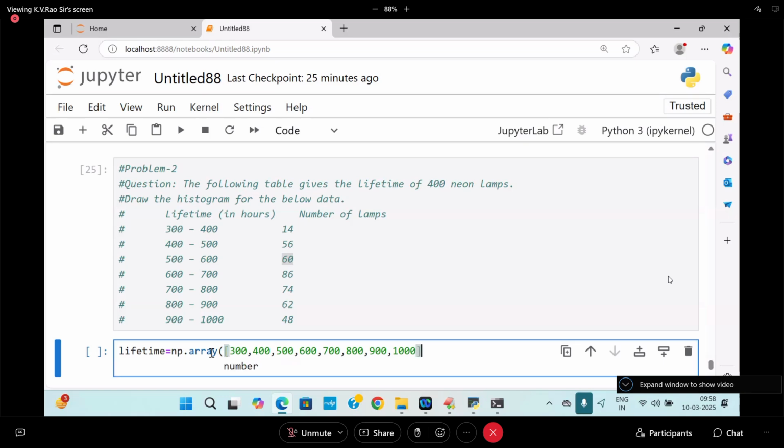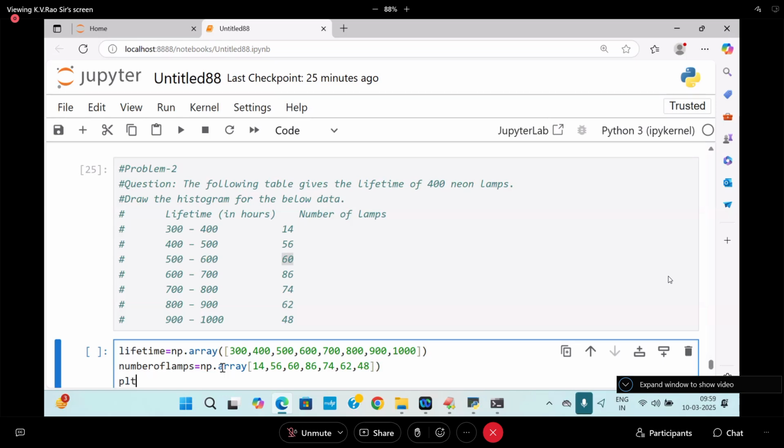Number of lamps is equal to np.array of 14, 56, 60, 86, 74, 62 and 48. This is the way you need to take it.